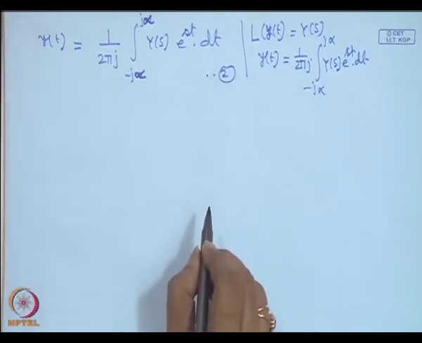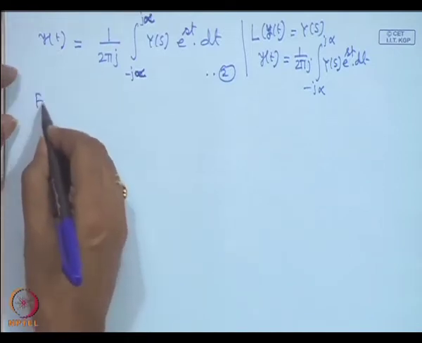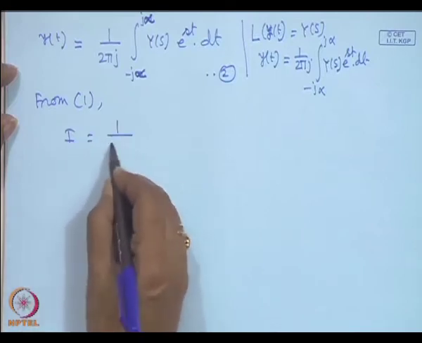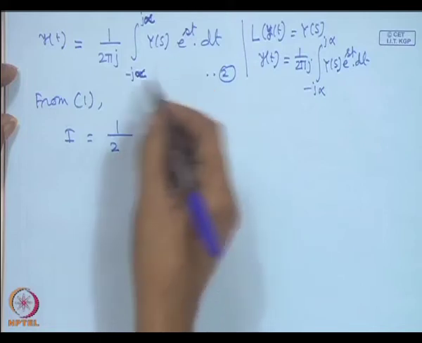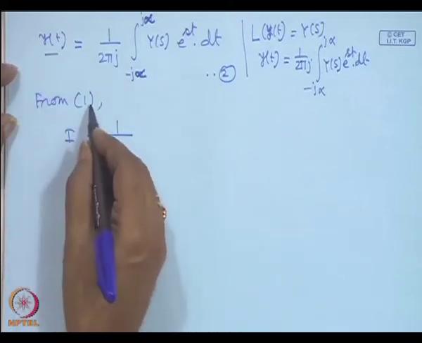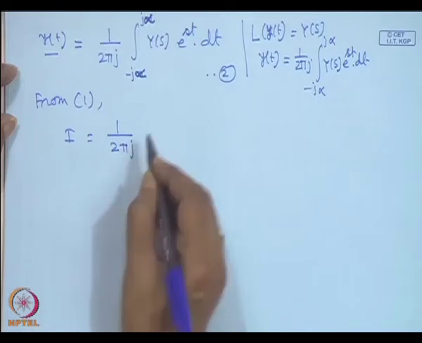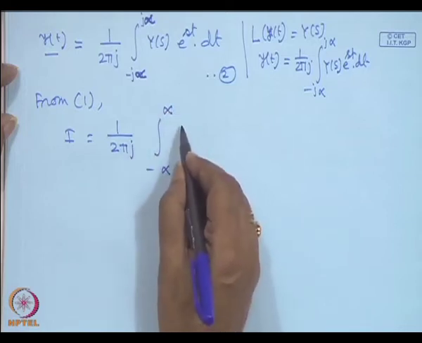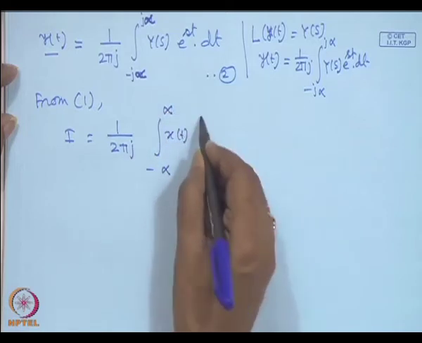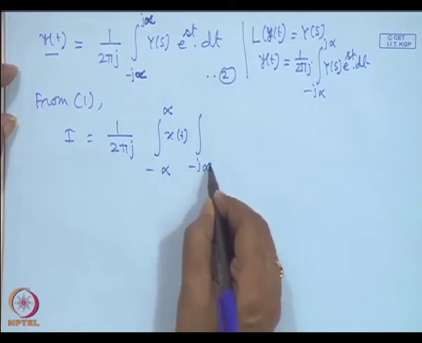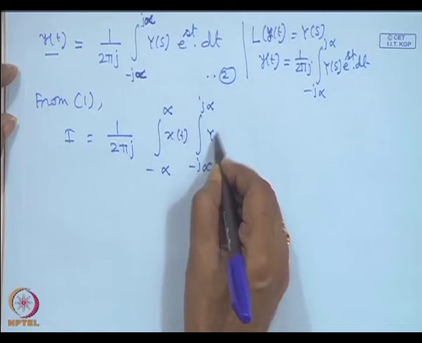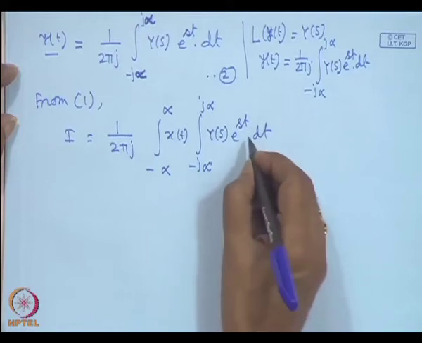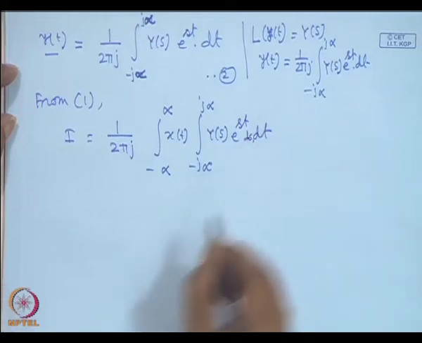Now I substitute this expression for y of t into equation 1. So I is equal to 1 by 2 pi j, integral from minus infinity to plus infinity of x of t times the integral from minus j infinity to plus j infinity of y of s e to the power s t ds, dt.